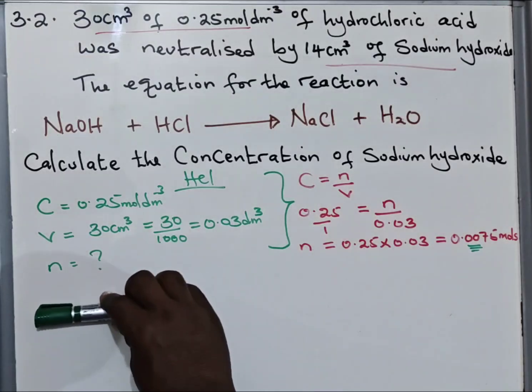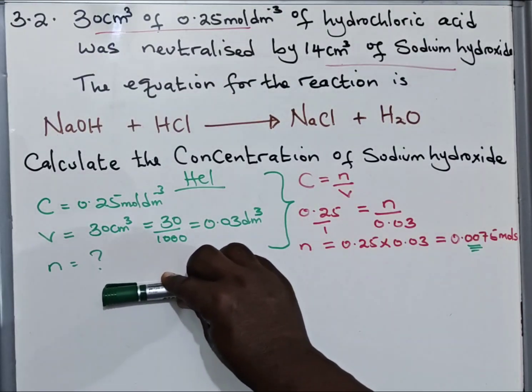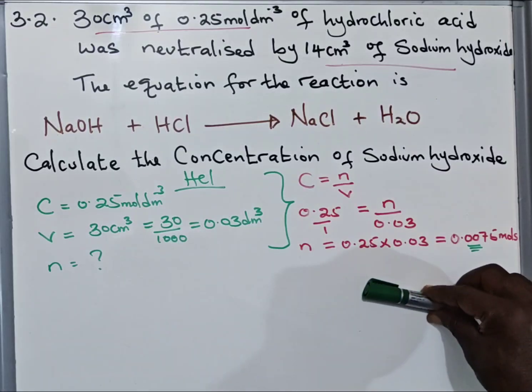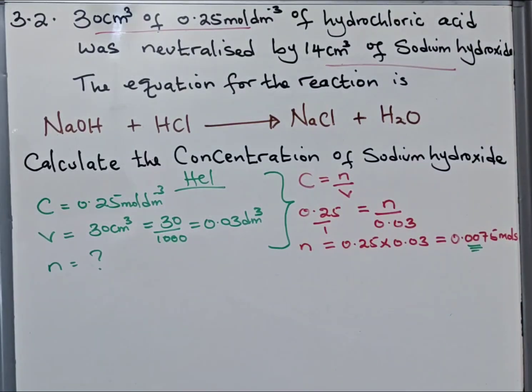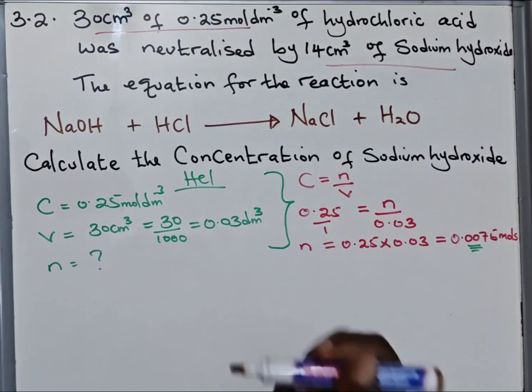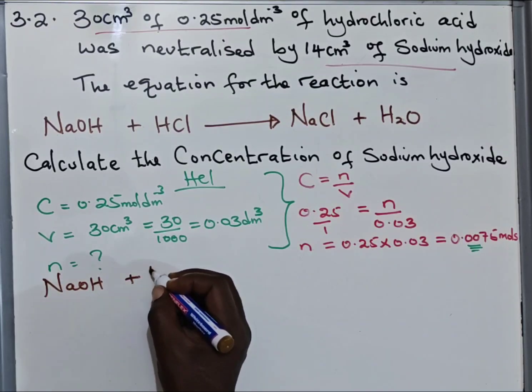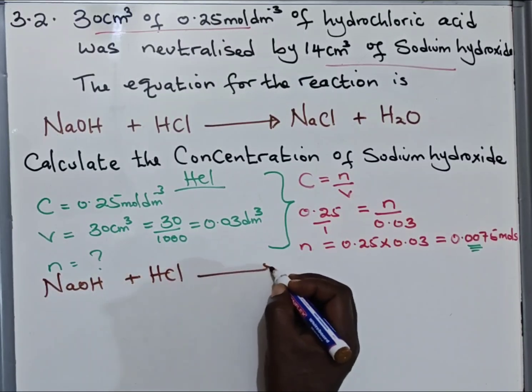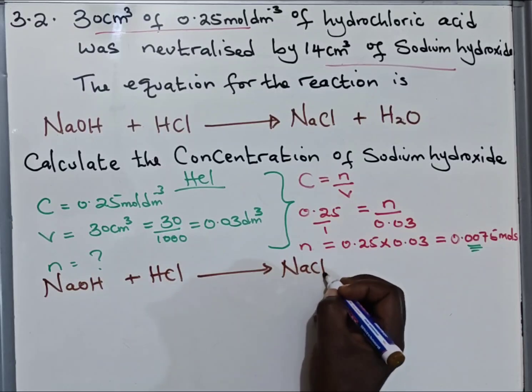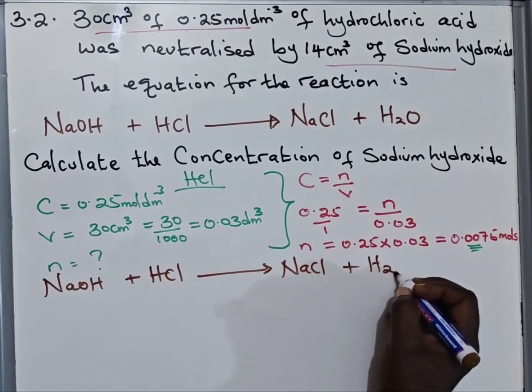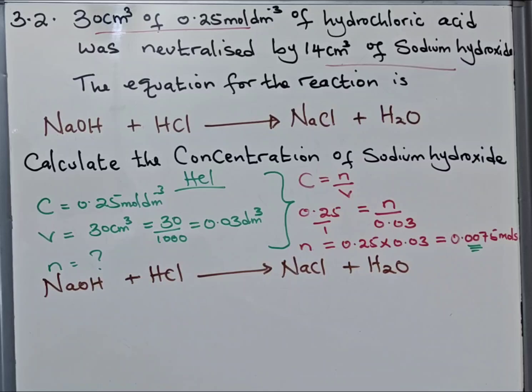So what are we going to do? We are now going to cross from known to unknown. Now I need to tell you that the link between known and unknown is through the equation. So if we write our equation, which is sodium hydroxide plus HCl, giving you sodium chloride plus water, and it's balanced, then you need to know something here.